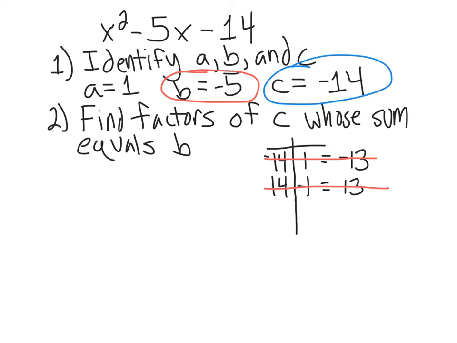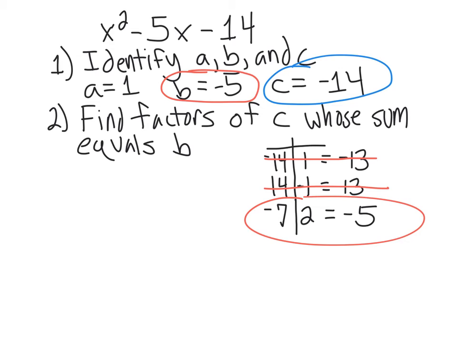Luckily, 14 doesn't have that many factors. How about negative 7 and positive 2? When I multiply negative 7 times positive 2, I get negative 14. If I add them together, my sum is negative 5. Perfect. That's what I want, because I want a sum that equals negative 5.